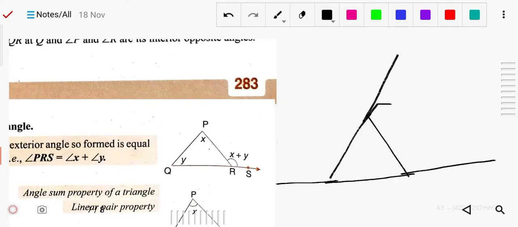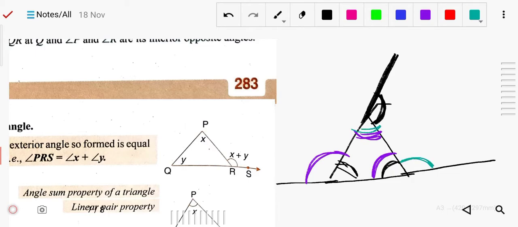Any side, suppose this side we have extended, so an angle is formed here. The opposite angles of this angle are these two. And if it is here, its opposite angles will be these two.